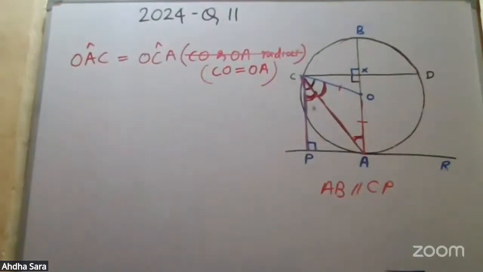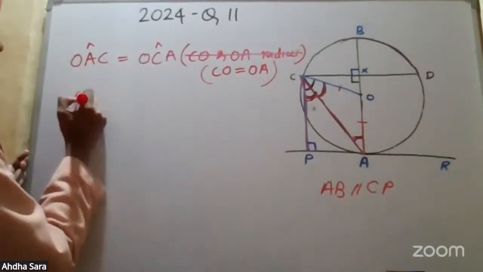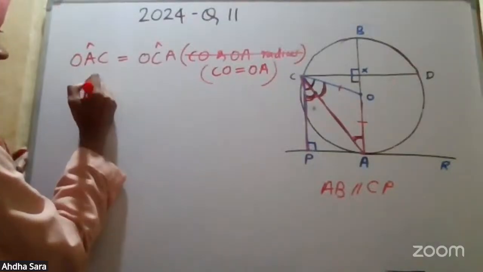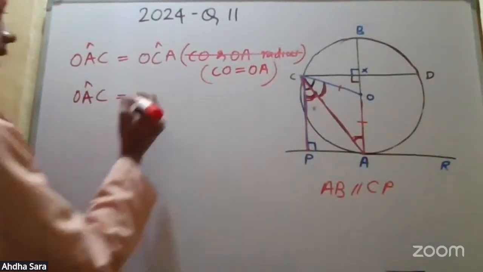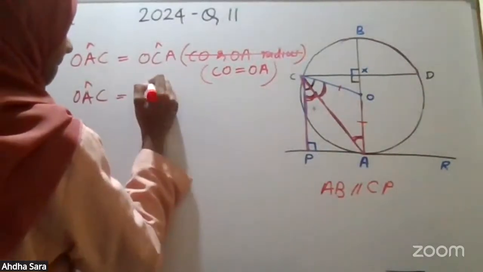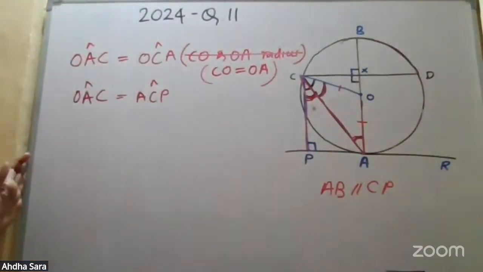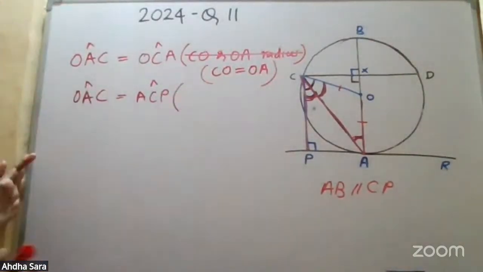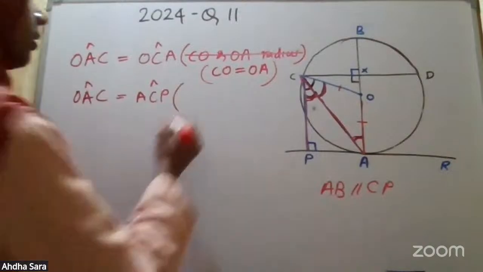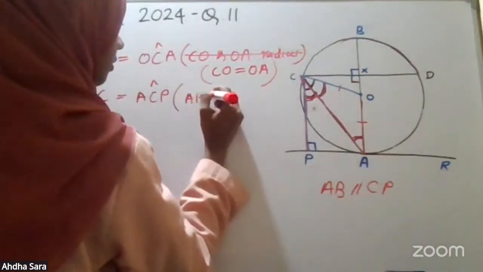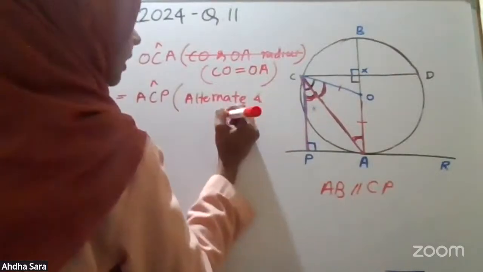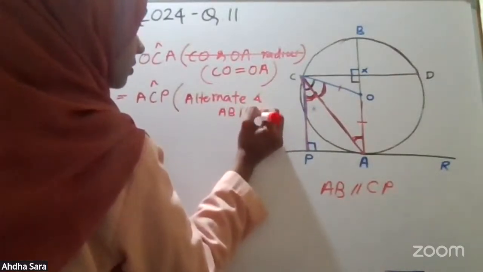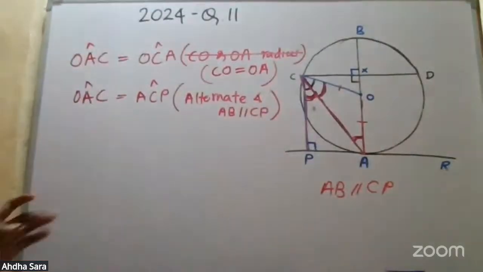So angle OAC equals angle ACP. The reason: alternate angles and AB is parallel to CP.